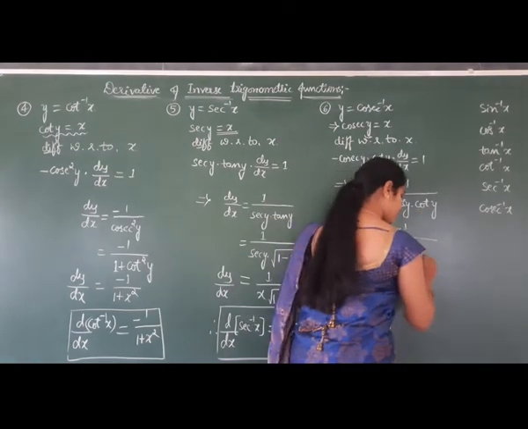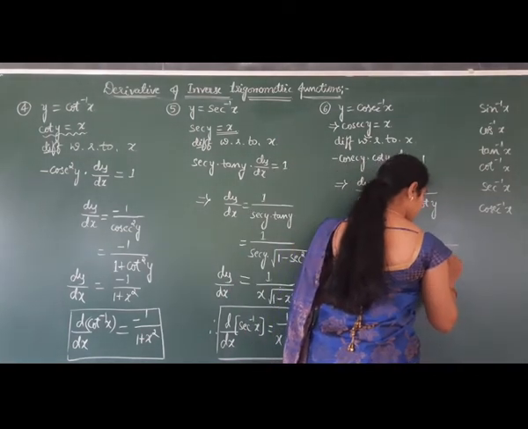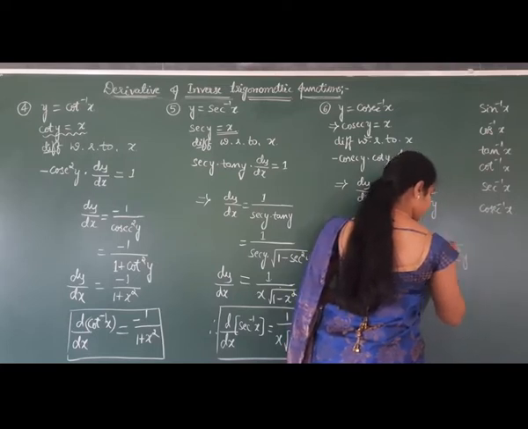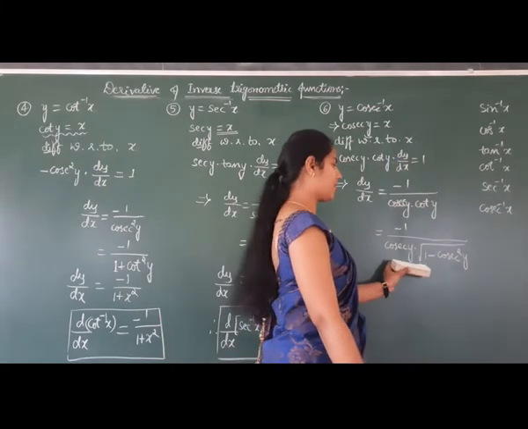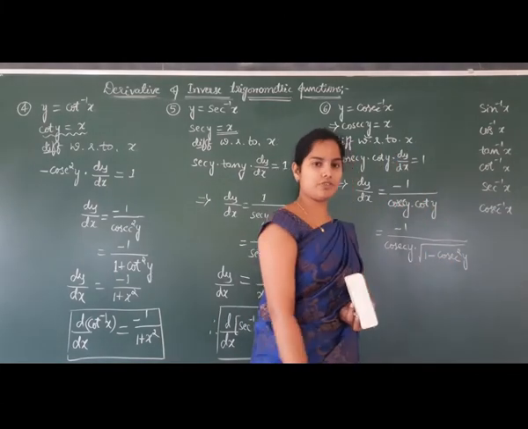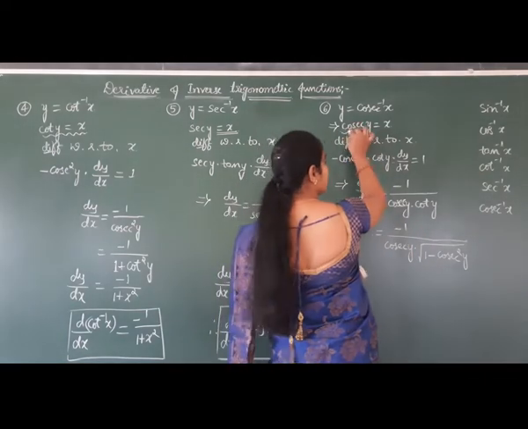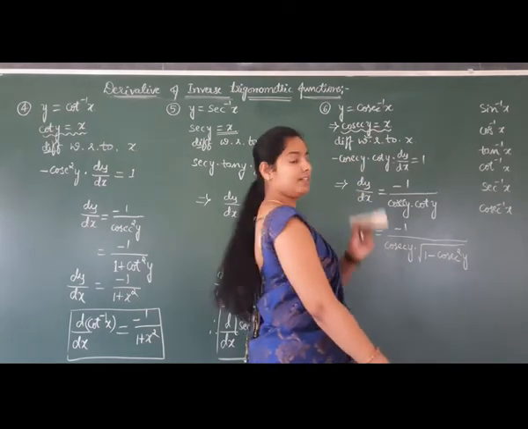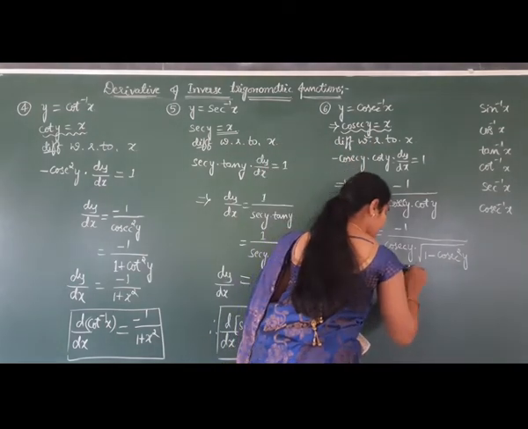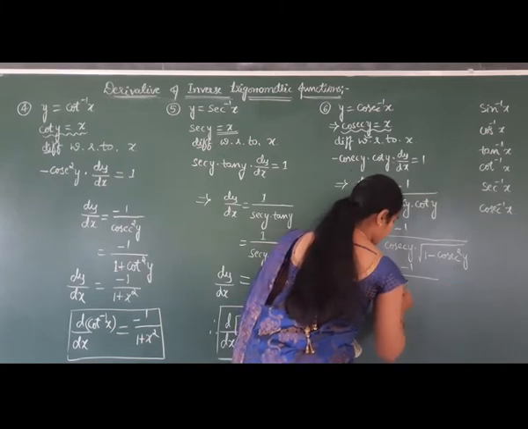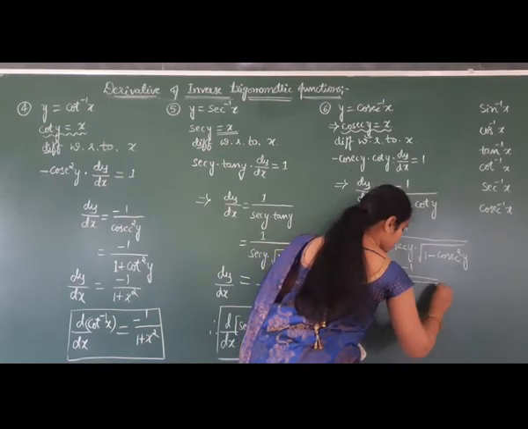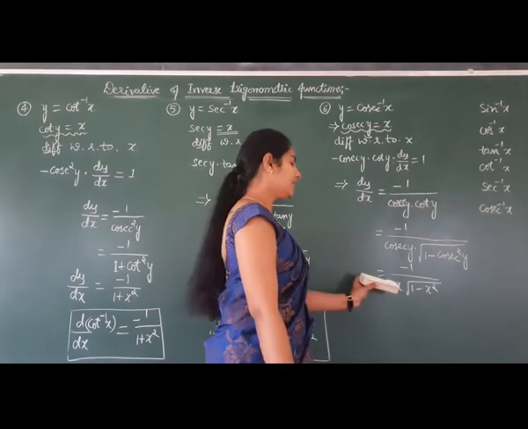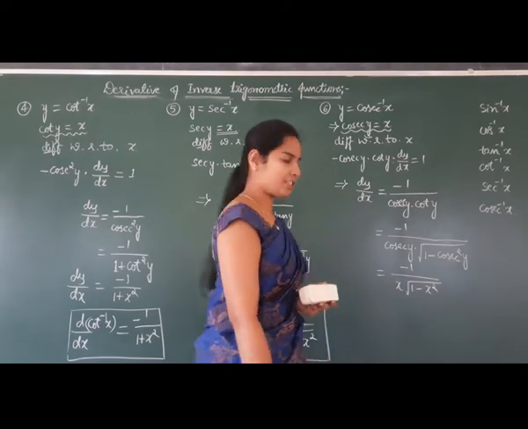So cot y is square root of cosecant square y minus 1. So what is cosecant y here? x, right? So now I will replace cosecant y by x. Then we have minus 1 divided by x into square root of x square minus 1.